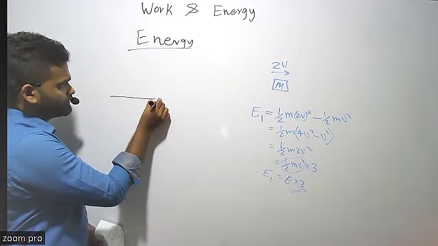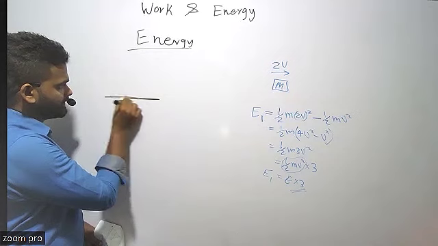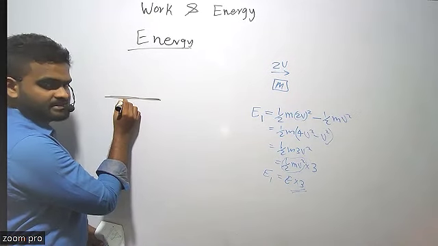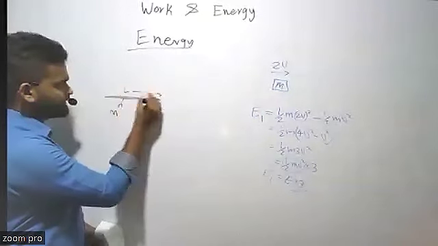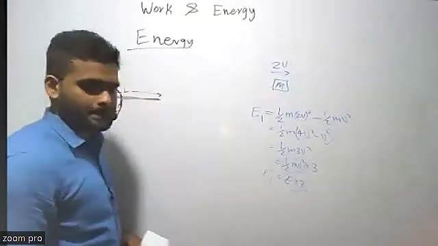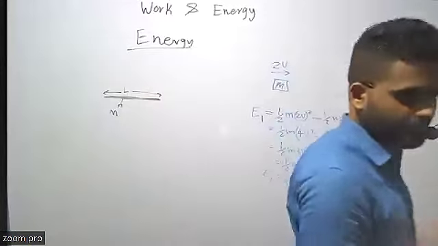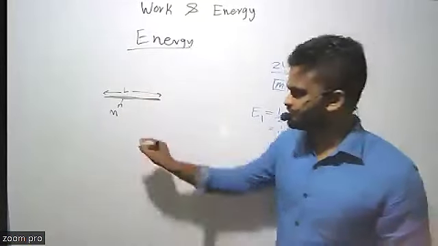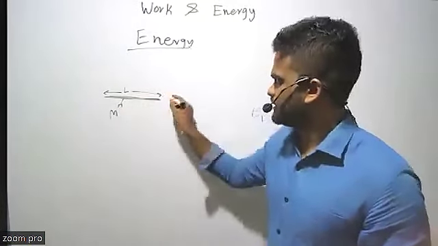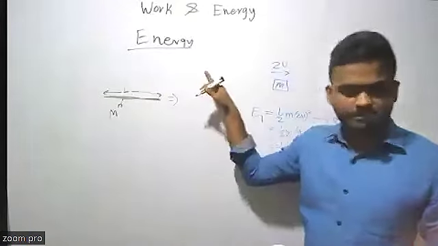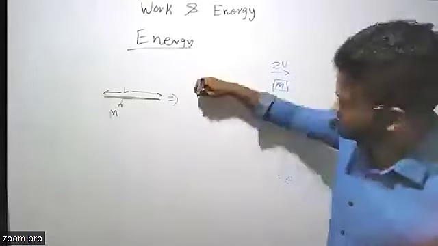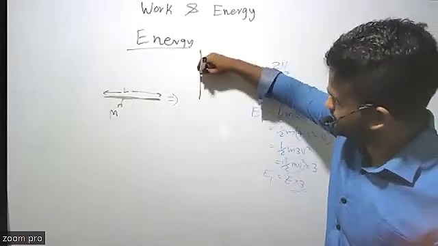You have a horizontal ladder. Mass is given as capital M and the length of the ladder is capital L. So what do we do? We make it vertical. The ladder is made vertical like this.